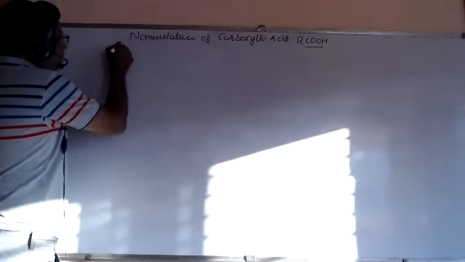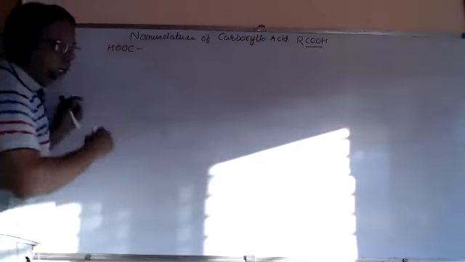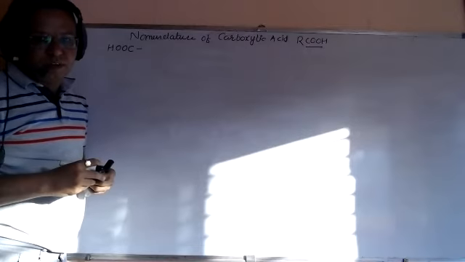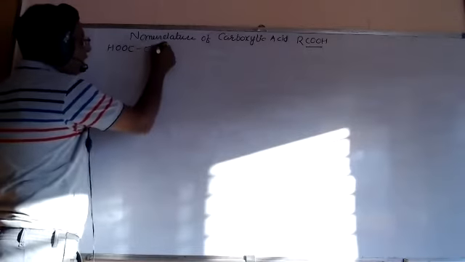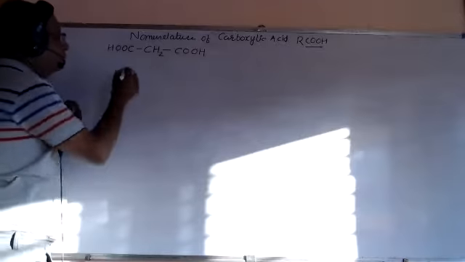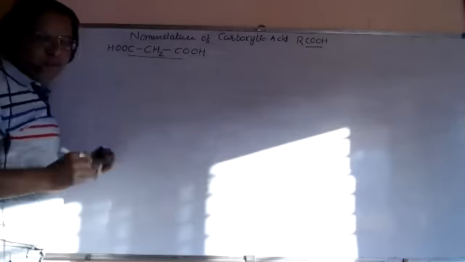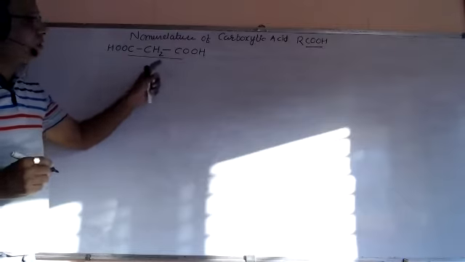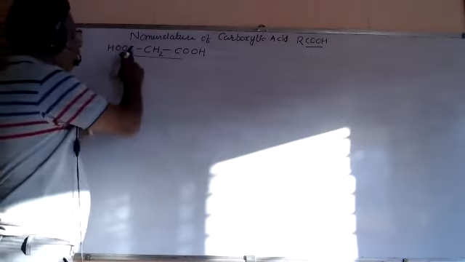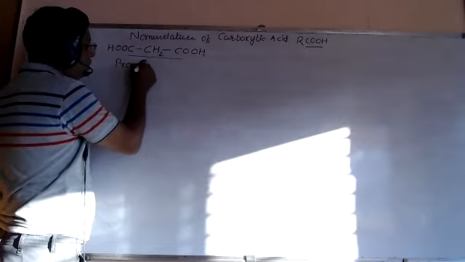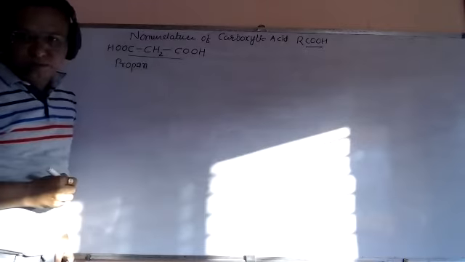For example, this is COOH in the beginning. Then one more CH2 is there and COOH is there. So you can see total 3 carbons are present here. 1, 2, 3. For 3 carbon, it is called propane.